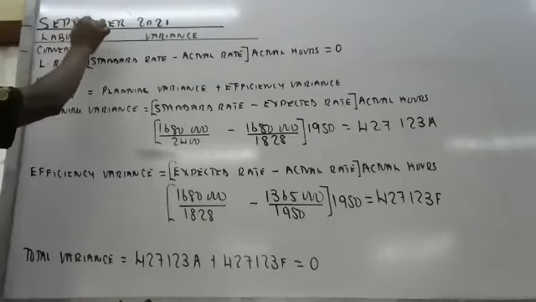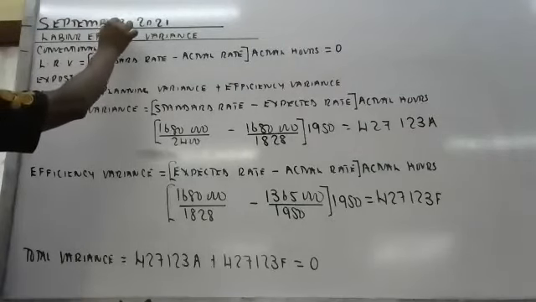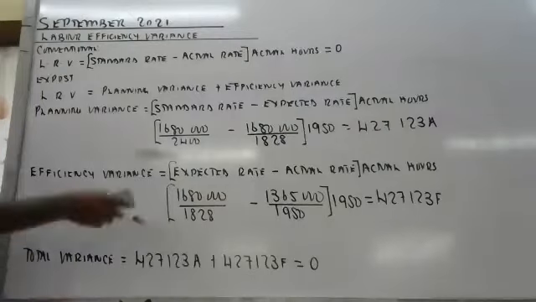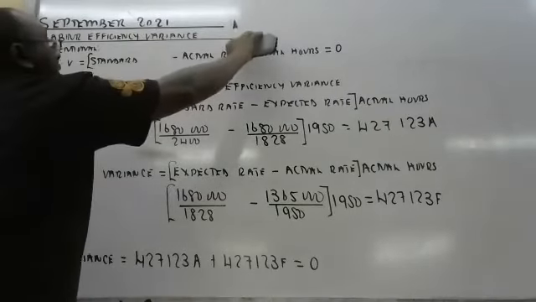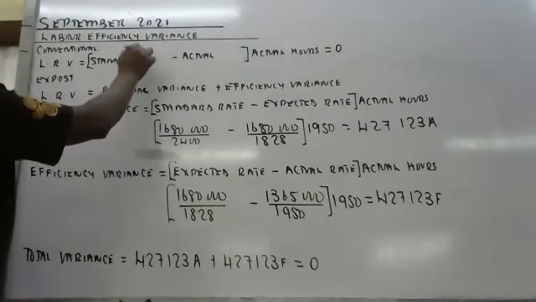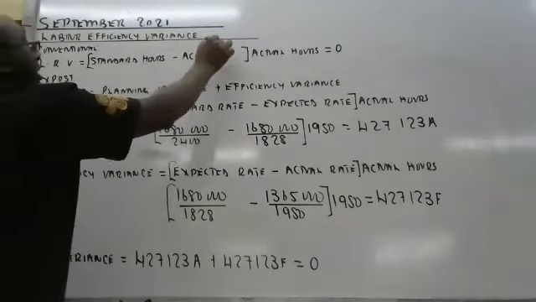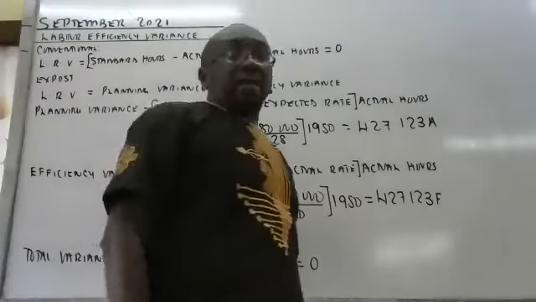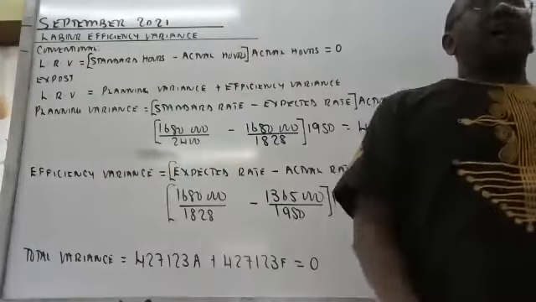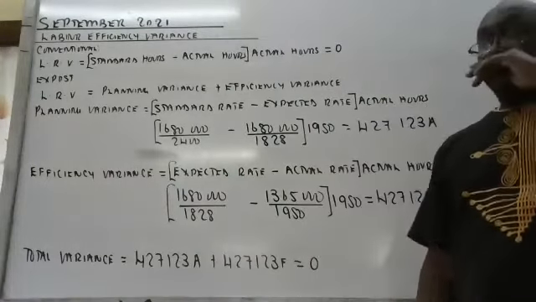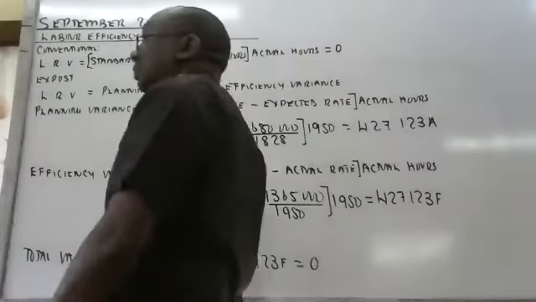Labor efficiency. Labor efficiency variance. If we start with the conventional, you know so well that for the efficiency, we say standard hours minus actual hours. I hope you still remember that the word conventional is used to refer to what is normal, what we normally do, the routine.